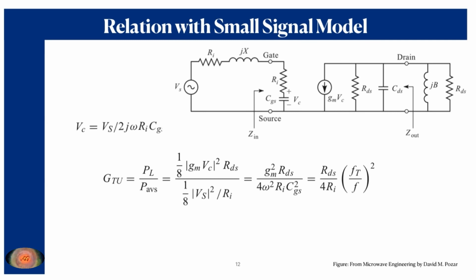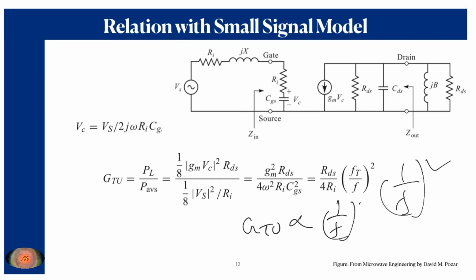An interesting result you can see from the expression of the overall transducer gain of this particular amplifier is that the transducer gain is reducing as a function of 1 over f squared, like this. So GTU is proportional to 1 over f squared, or 6 dB per octave.